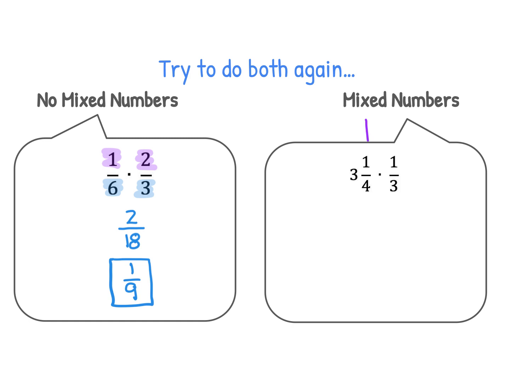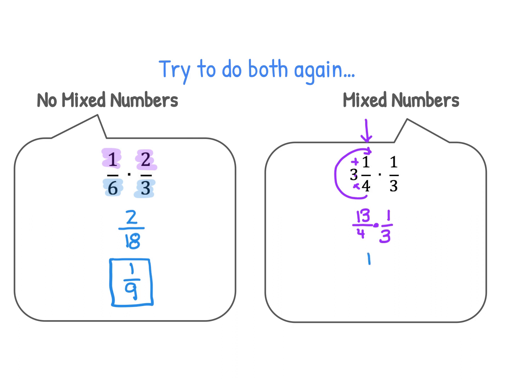Again, this is our mixed number right here, so we want to go around the world, starting with multiplication and then addition. So we want to have 3 times 4 is 12, plus 1 is 13, and that's going to go over the 4. We're going to bring down the fraction that we did not convert, 1/3, and we're going to go ahead and do that multiplication.